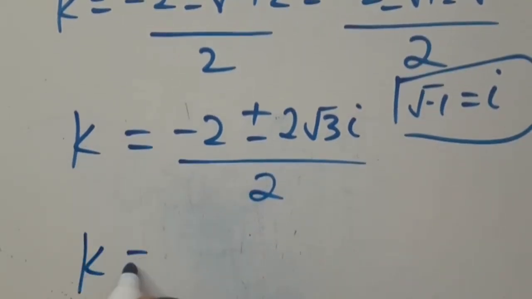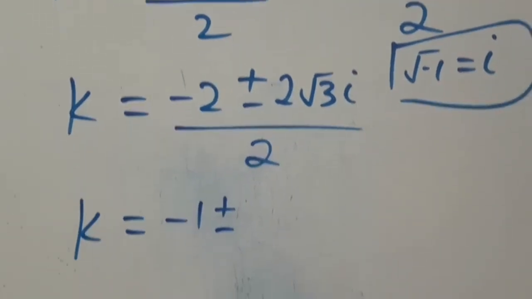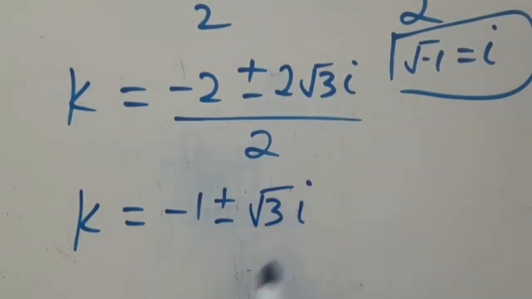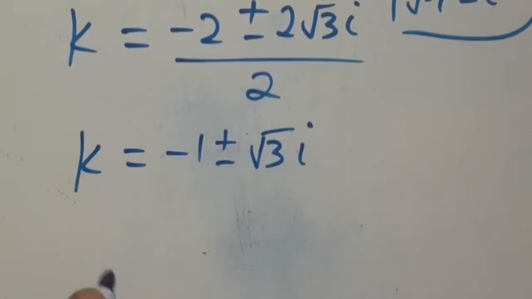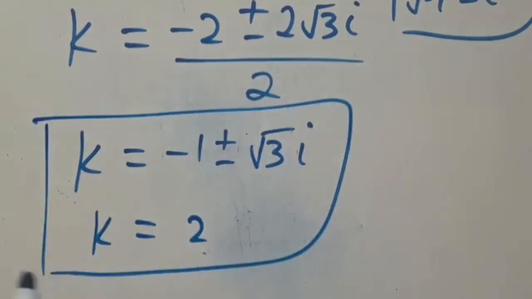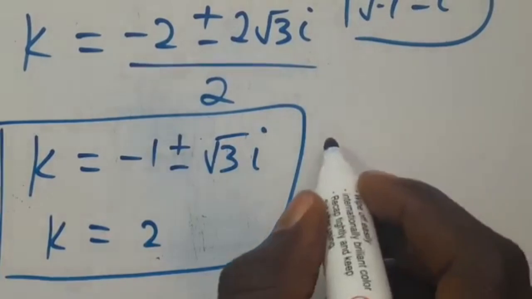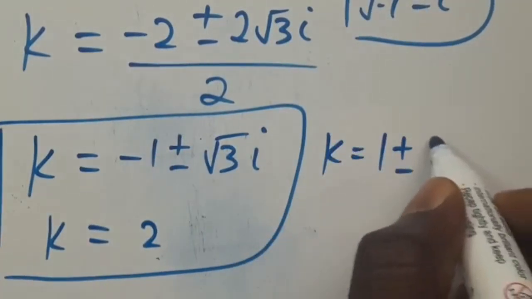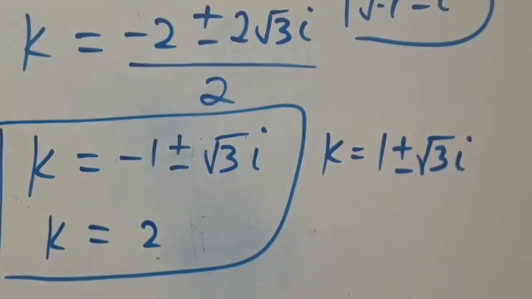So we have k to be equals, this divided by this, we have minus 1, positive or negative. This divided by this, we only have root 3i. Remember, we also have for the case 2, k to be equals 2. Remember also that we have k equals 1, positive or negative, root 3i as this.